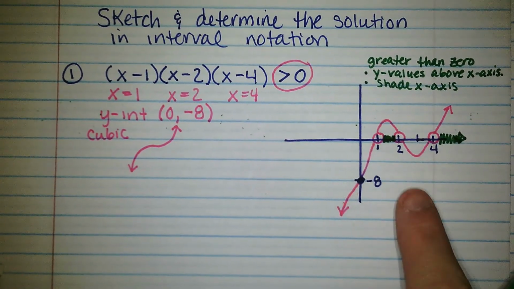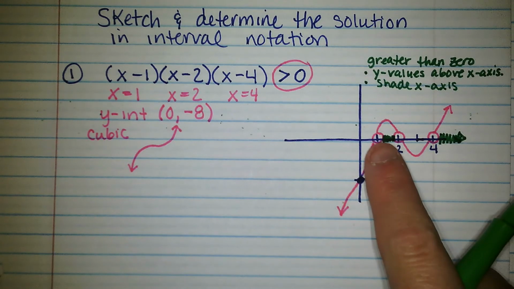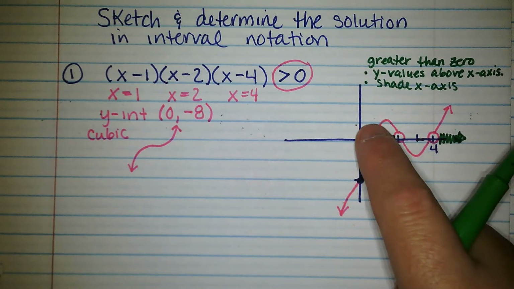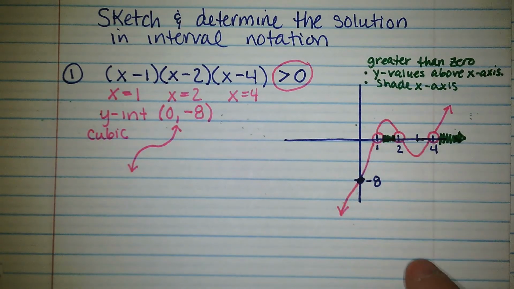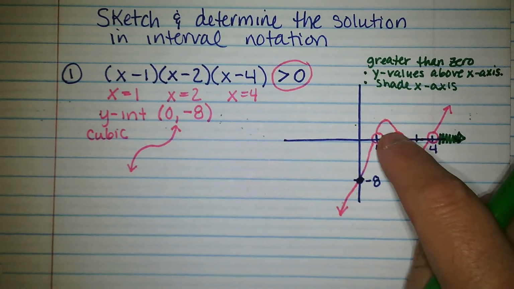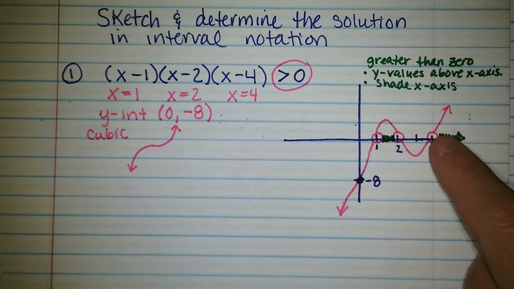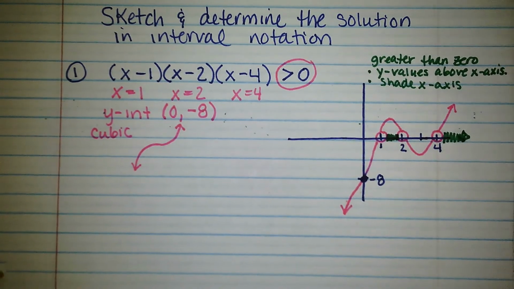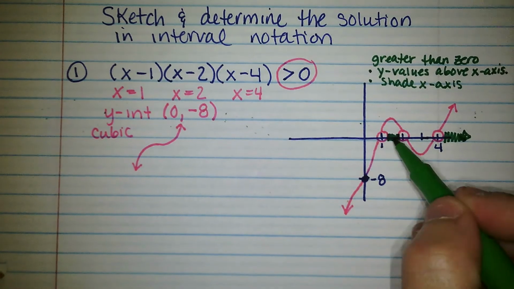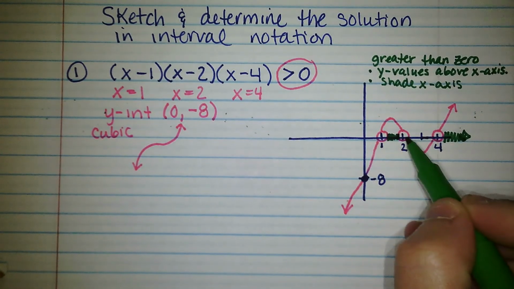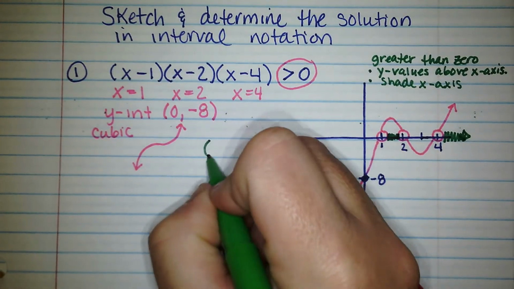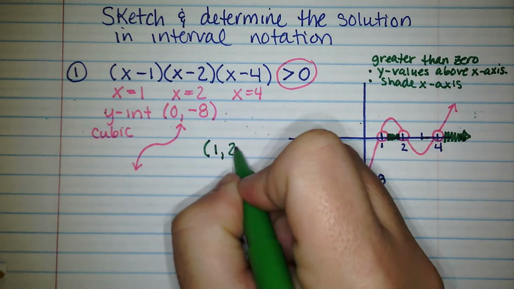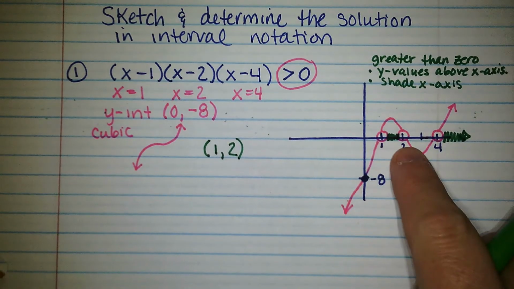Okay? So our shading is going to happen between 1 and 2 because that's where the graph is above the x-axis where your y values are greater than 0, and also y is greater than 0 everywhere after 4. So now we're ready to give our solution. Our interval set starts with the segment piece that goes from 1 to 2, and we're parentheses because they're open circles.